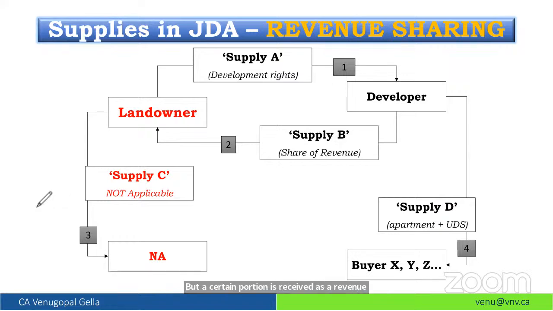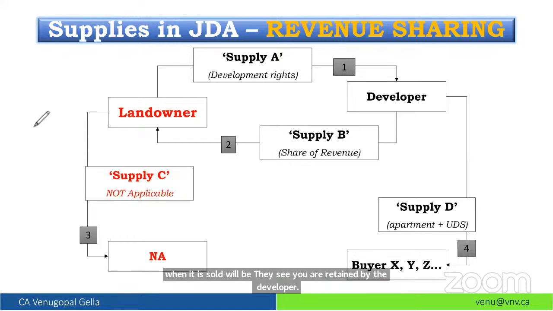That means 100 crore is received in the name of the landowner for executing a sale deed or agreement to sell, whatever it is. Out of that 100 crore, 40 crore or 45 crore, depending upon the period in which it is sold, will be received or retained by the developer. The balance 65 is paid or goes to the landowner.